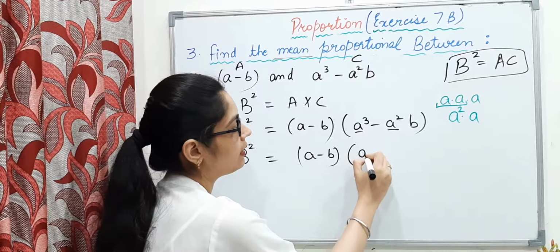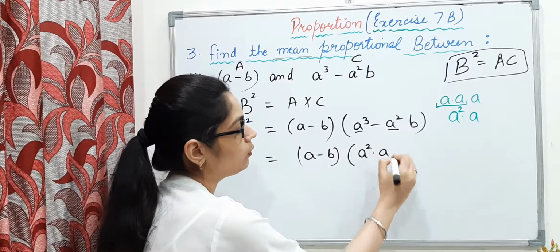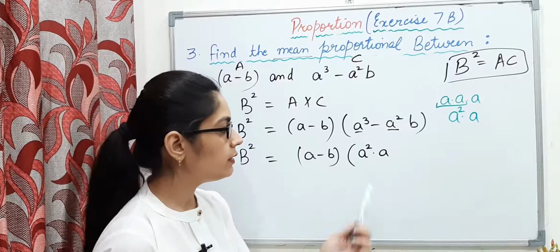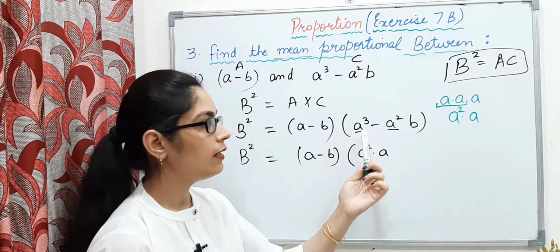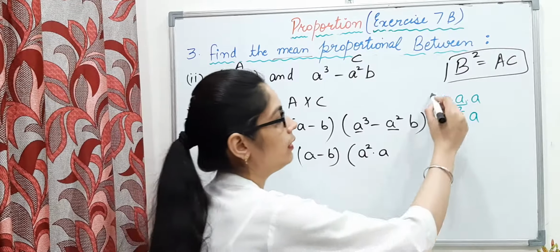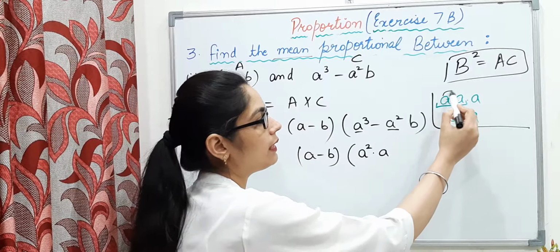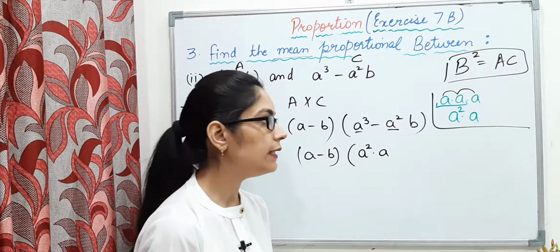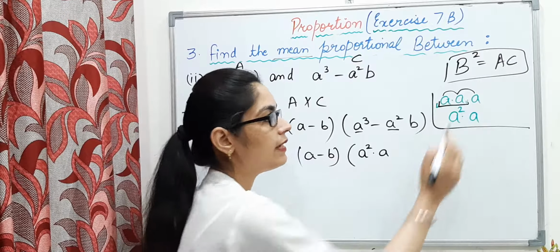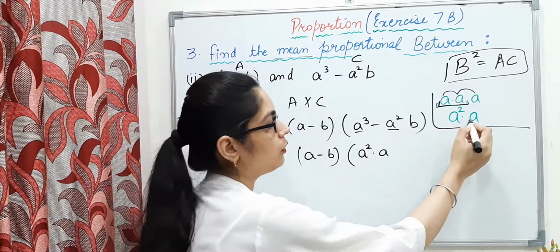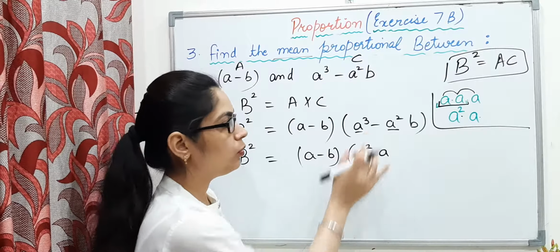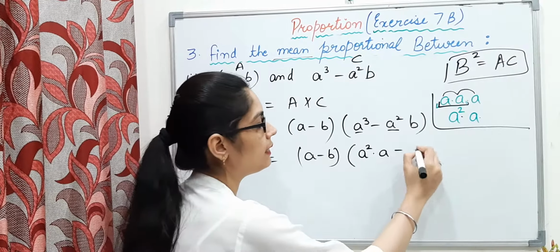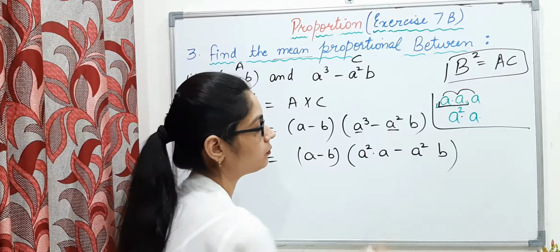So a cube I can write as a square into a, dot means multiplication. I have explained here, a cube means a into a into a, 3 times a getting multiplied by itself. So a into a is a square. So a square into a. So a cube I have just written this way, minus a square b.